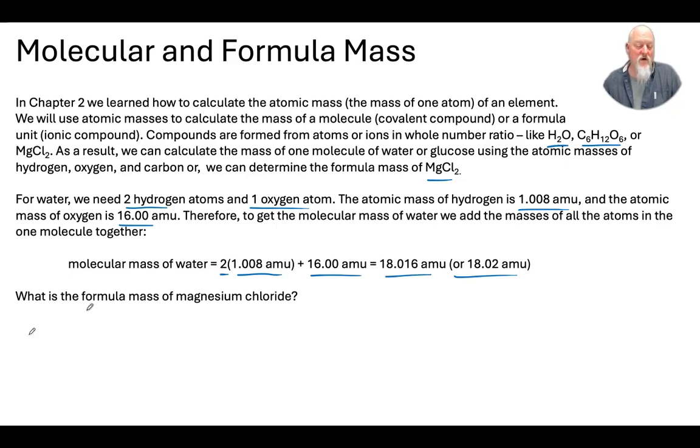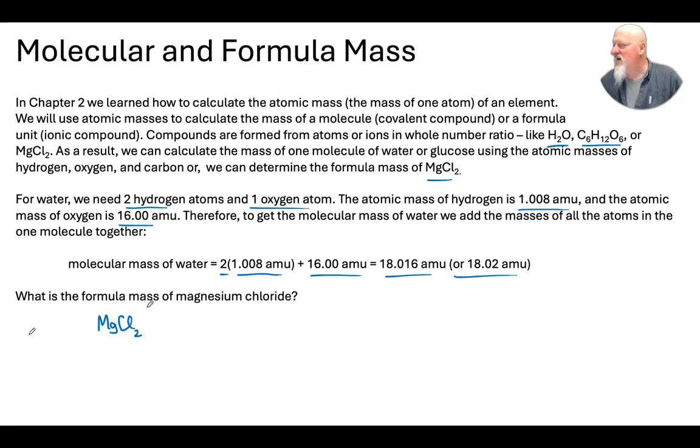Okay, so if we want to do this for magnesium chloride, remember the formula is right up top there, MgCl2. So that means we need the atomic mass of magnesium and the atomic mass of chlorine, and we are going to multiply the atomic mass of chlorine by 2.